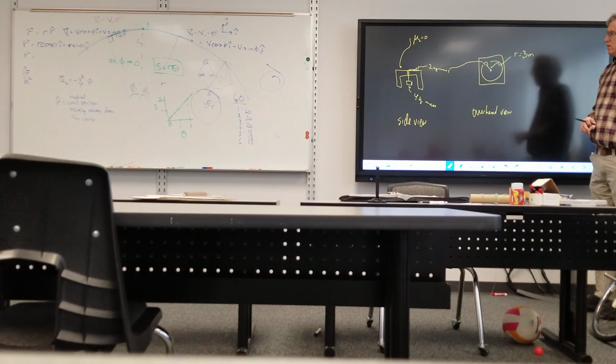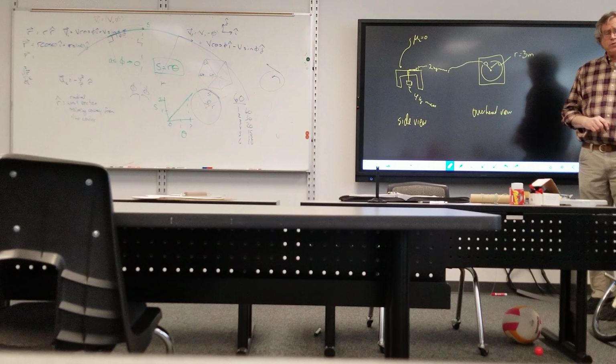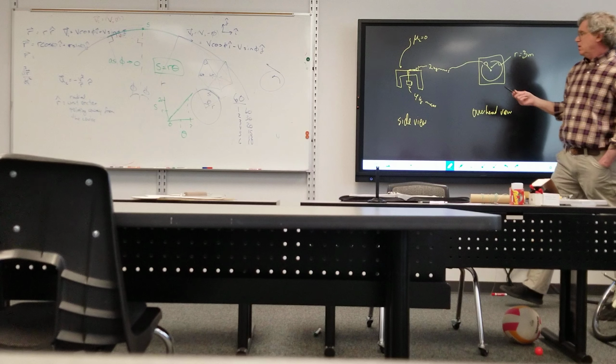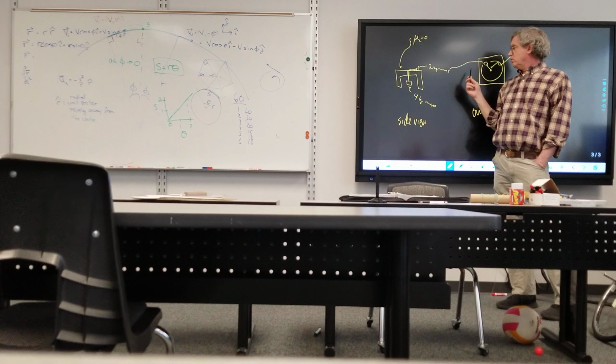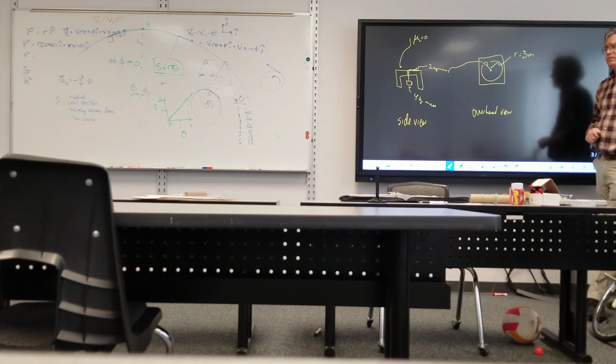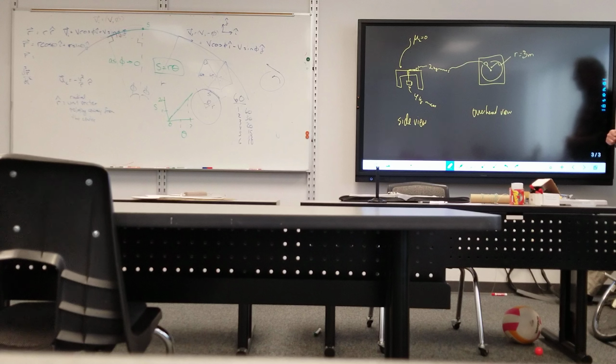What we're gonna do is, how fast does this need to swing, or what is the time it takes for this to go around, in order for the 4 kilogram mass to be in equilibrium. Static equilibrium, more specifically. So speed of the 2 kilogram mass so that the 4 kilogram mass is in static equilibrium.